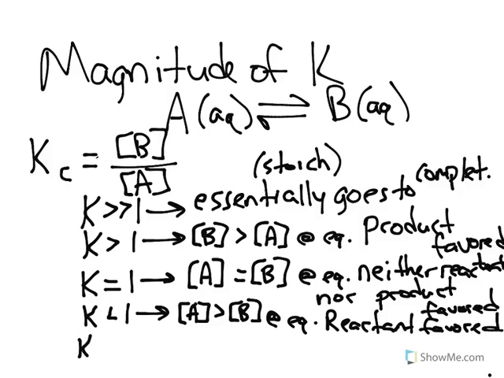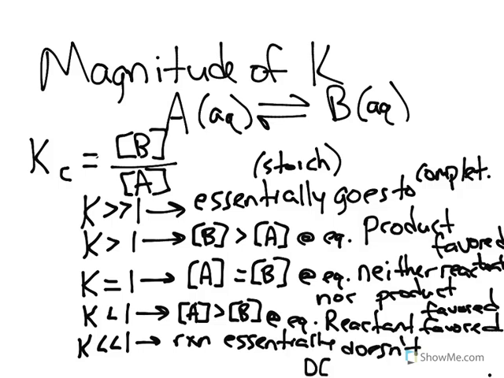Well, the other direction of this is that K is significantly less than 1. This means that the reaction essentially does not progress. The reaction essentially doesn't occur, meaning it's almost all A at equilibrium.